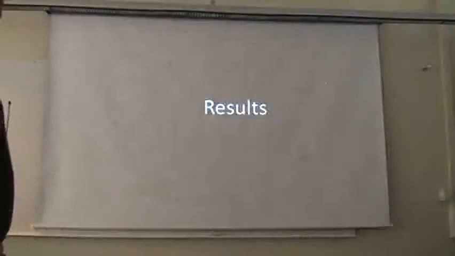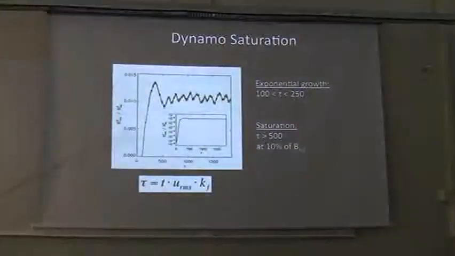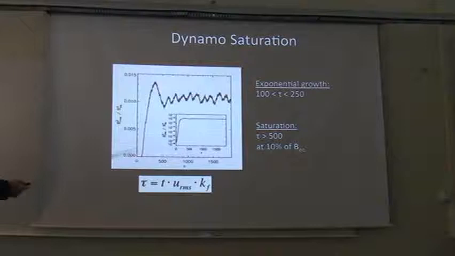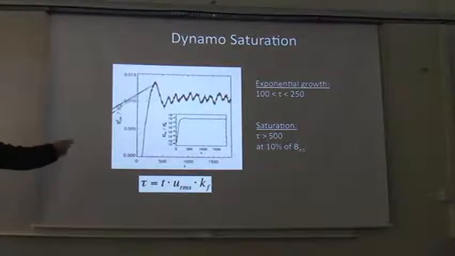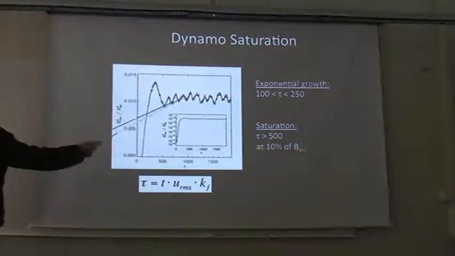Come to the results. You get a magnetic field which was raised up. So you put in a Gaussian randomly distributed magnetic field, then it will very shortly go down, and then build up again to this kind of value.